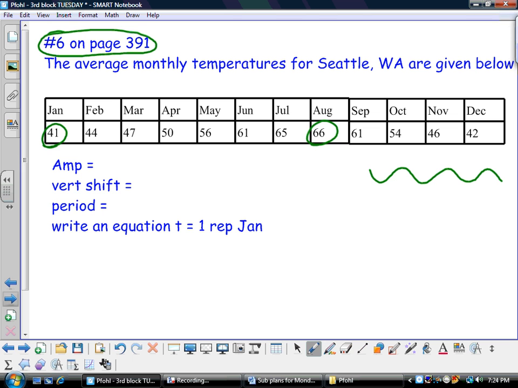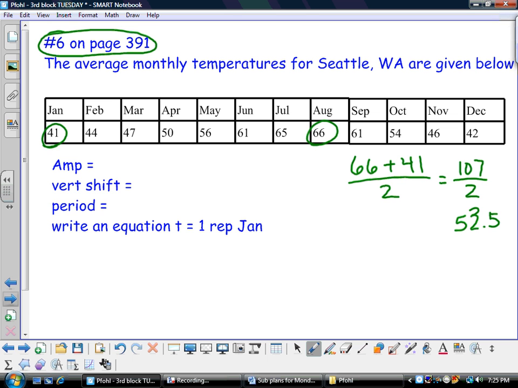That'll be the middle. So the middle of this graph is at about 53.5. Is the amplitude 53.5?